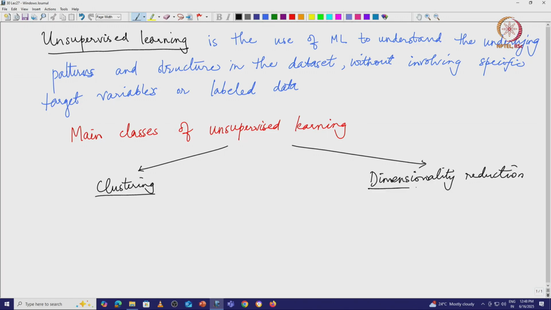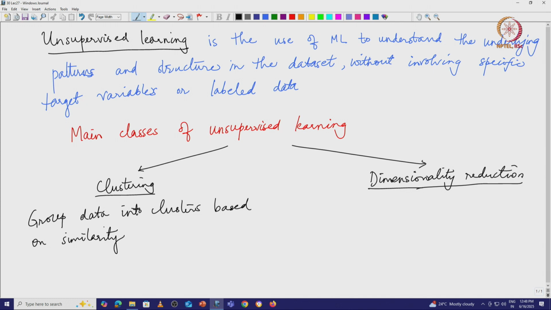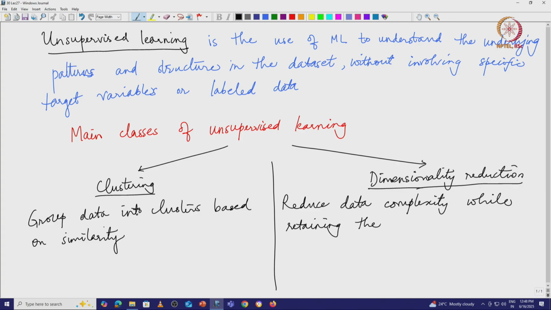So, in clustering, what you do is you group data into clusters based on similarity, whereas in dimensionality reduction you reduce the data complexity while retaining the important data structure.